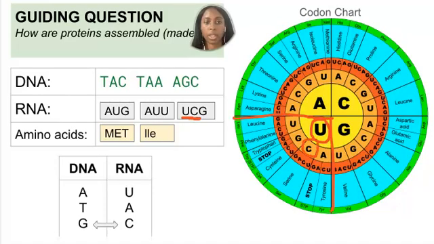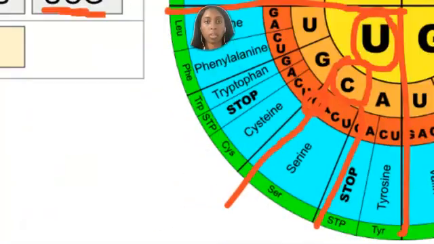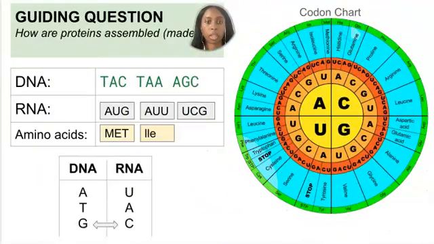Our third letter, G, we locate over here because we're staying in the pizza slice of C. And we see that the amino acid for this one is SER, S-E-R. And we're going to record that as well.